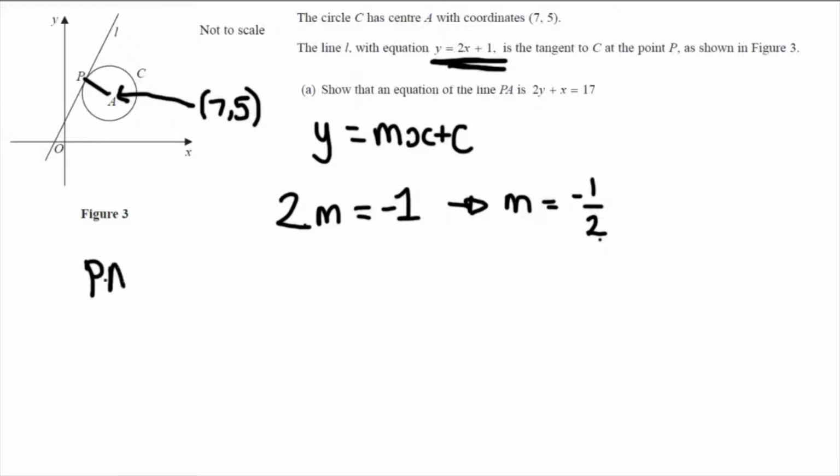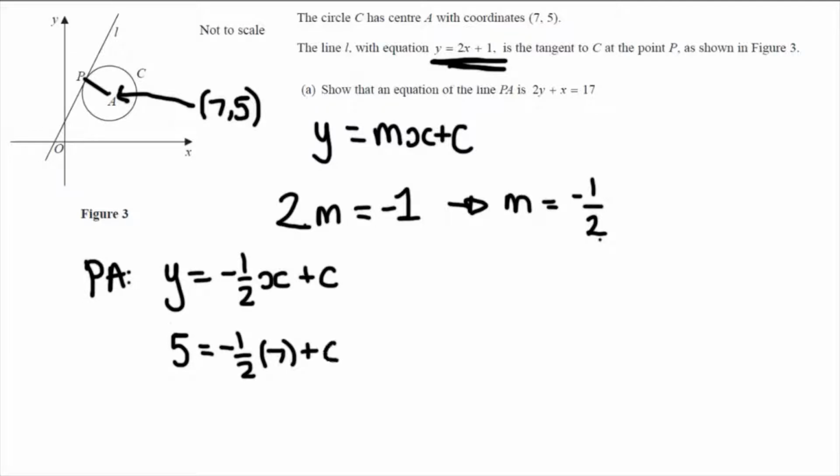So far we know that the line PA has the equation y equals minus a half x plus c. Now substituting in 7, 5, we get 5 equals minus a half times 7 plus c. Now let's just expand this out.